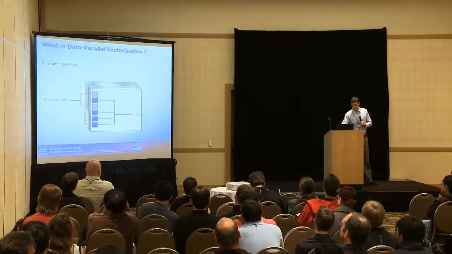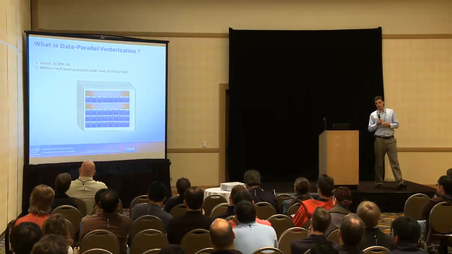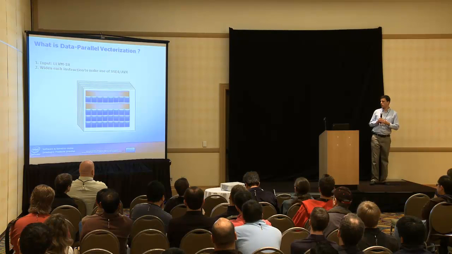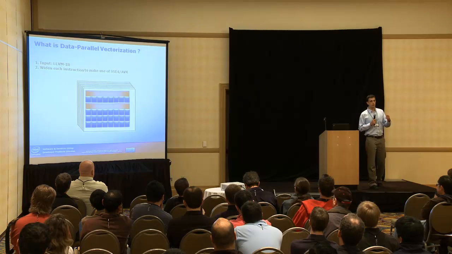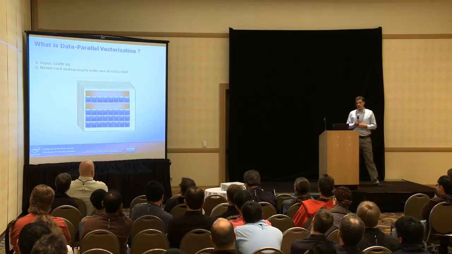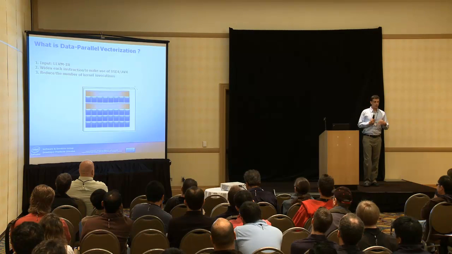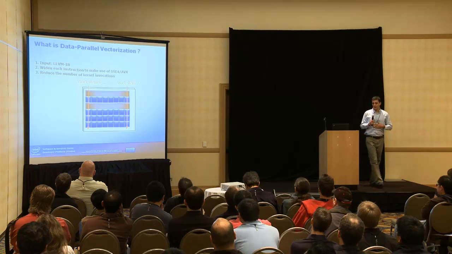And we widen each one of these instructions. If we had a scalar arithmetic operation, it will become a vector of operations, and we also need to replace scalar functions with a vector equivalent. Once we do that, we can simply reduce the number of iterations that we execute, and this is vectorization. So it's pretty simple.